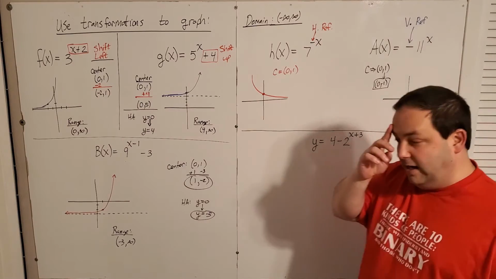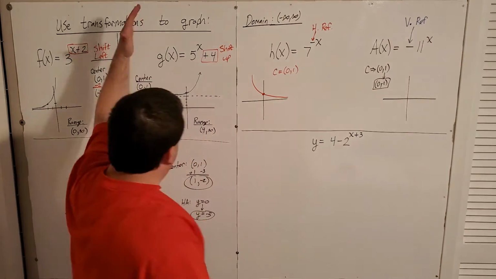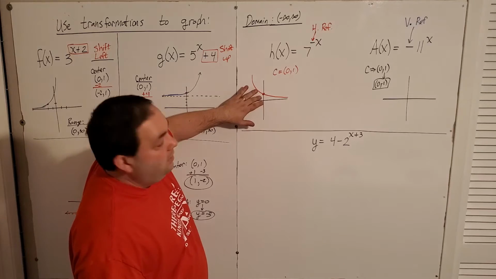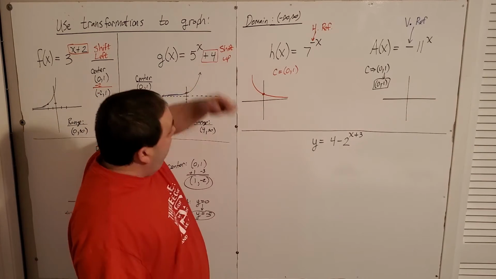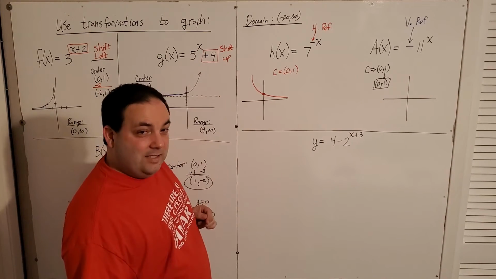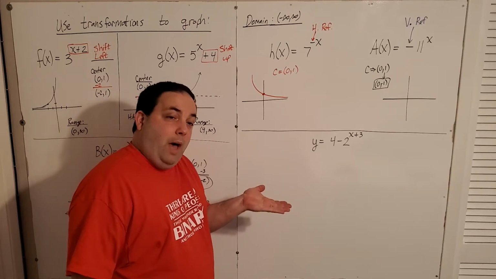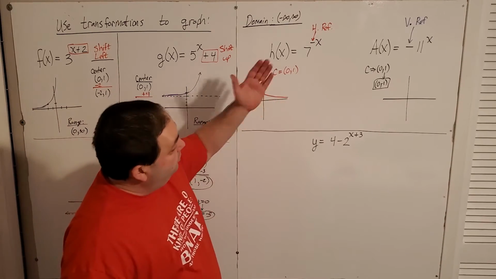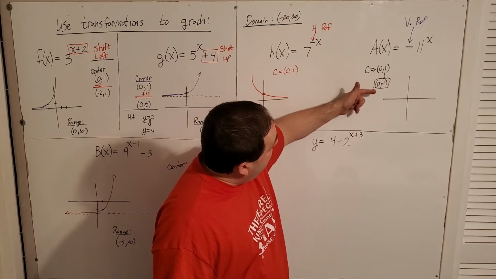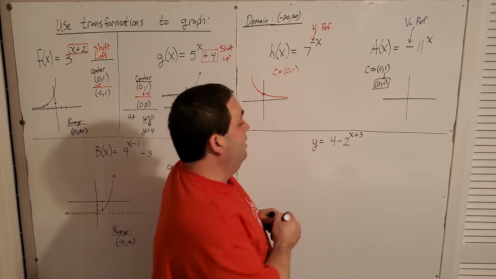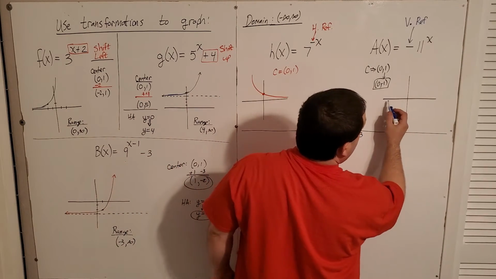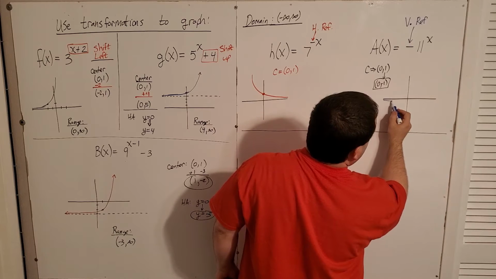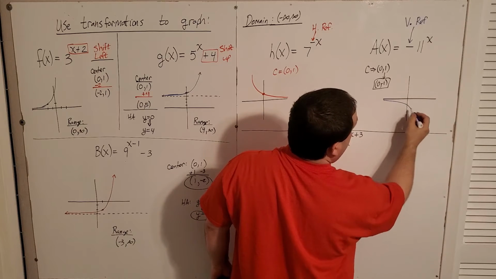Think about that for a second, right? My normal center point is above the x-axis. If I reflect on the x-axis, it's going to put it at the bottom, okay? So my center point goes from 0, 1 to 0, -1, and my asymptote is still the same. So I essentially get this shape.